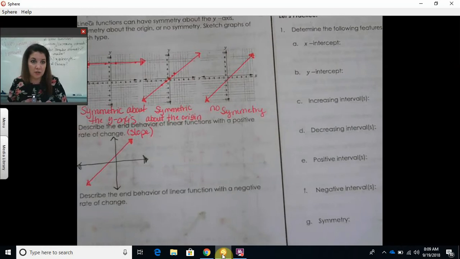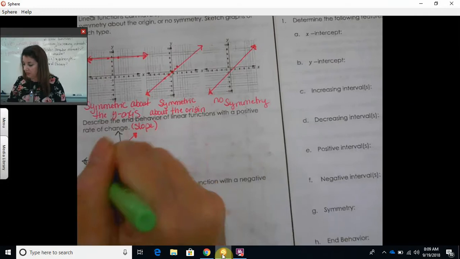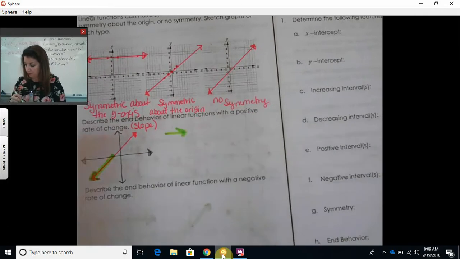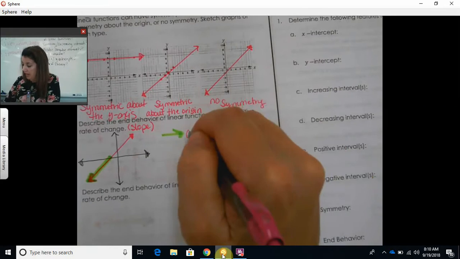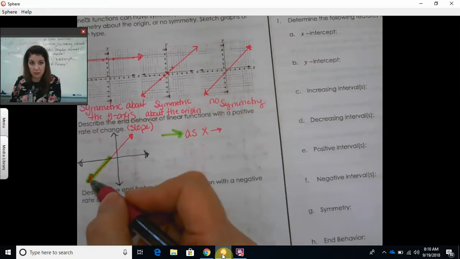And it wanted us to describe the end behavior. We just did this on the previous page. All right? So, this has a positive rate of change. I'll describe my left side first. Quickly, since we've already done this. As x approaches, on the left side, what's my x approaching?